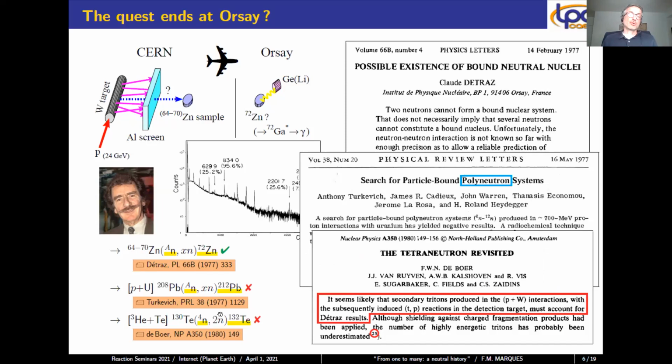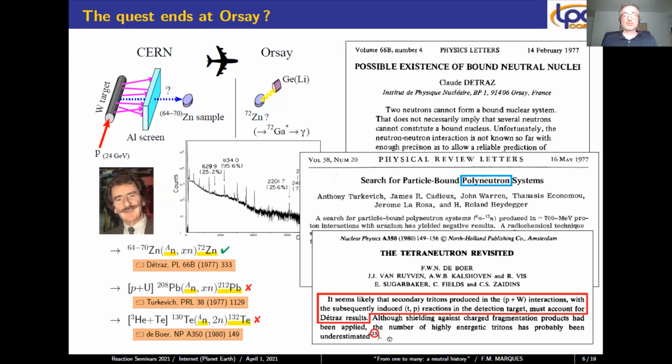By the end of this series of experiments, they discussed with Detraz, and the conclusion was that Detraz's positive signal was due to an underestimation of the production of tritons. A lot of tritons were stopped in the screen, but some tritons went through, and these tritons could do the tp reaction, so deposit 2 neutrons into zinc 70 to make zinc 72.